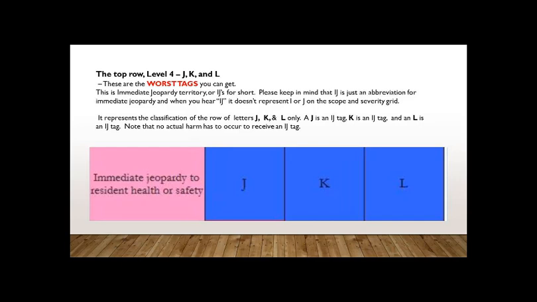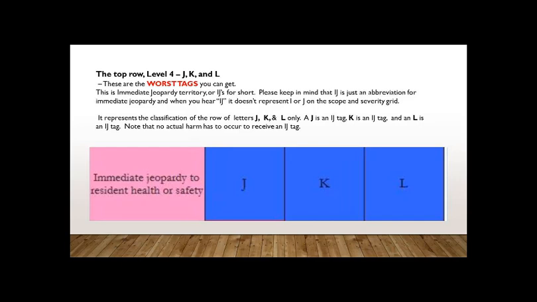And it's up to the surveyors to decide what we're going to do with this building. If you don't come into compliance within a certain number of days, they could shut down the building. They can also deny payment for Medicare and Medicaid. This is a very serious category.